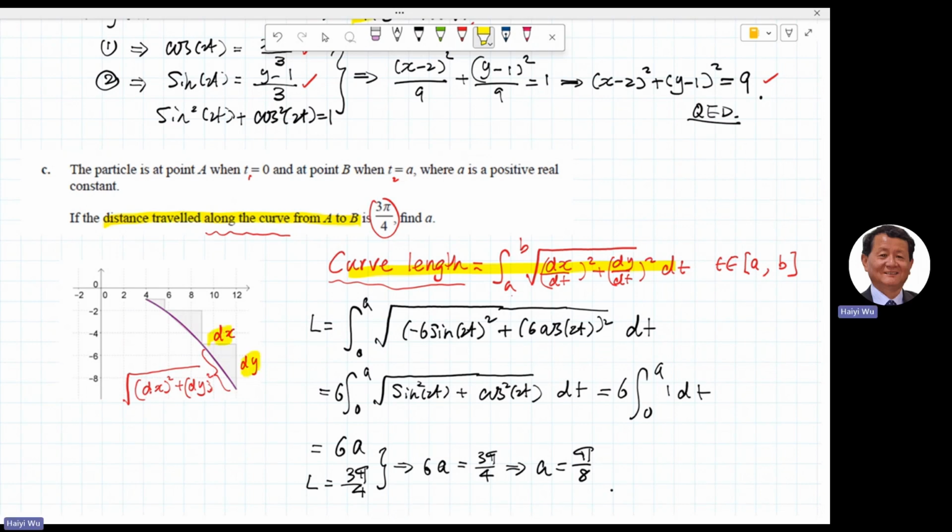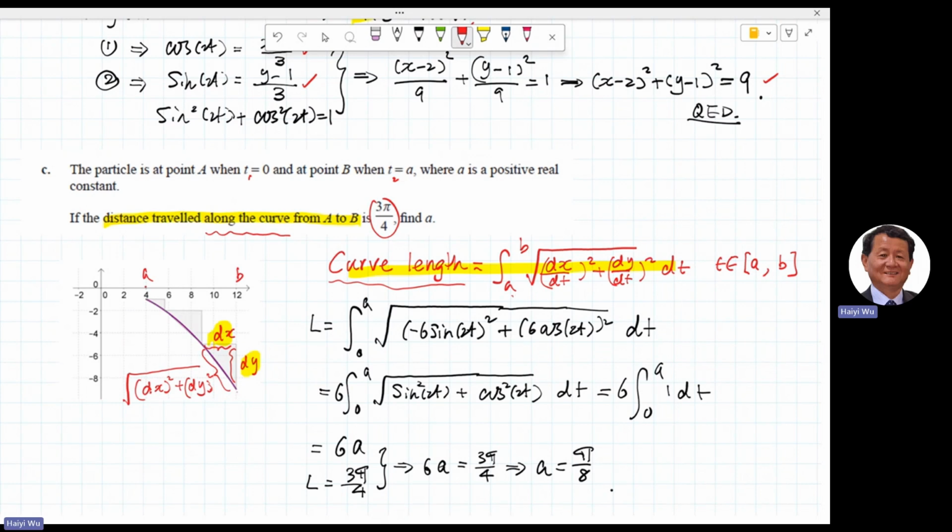Then the hypotenuse, which is the arc length, is approximately equal to the square root of dx squared plus dy squared. That's the Pythagorean theorem. So we integrate from A to B to get the length.